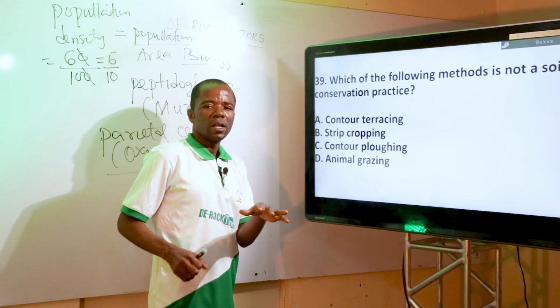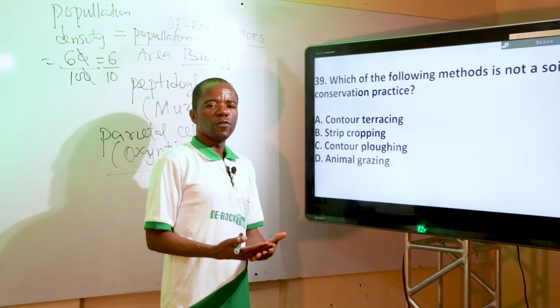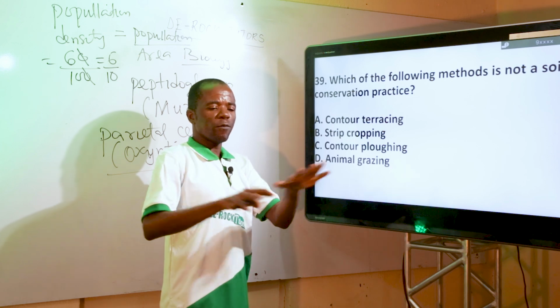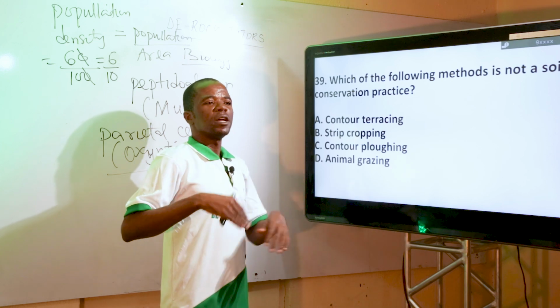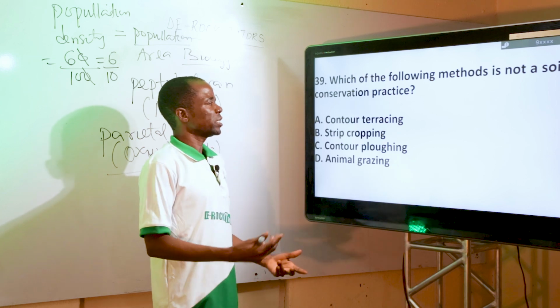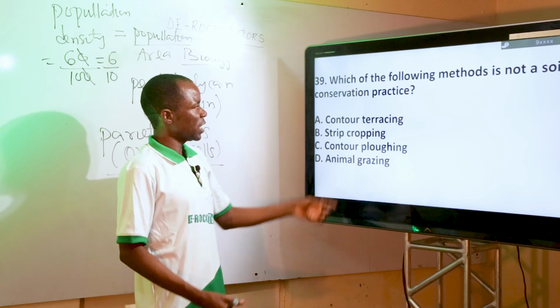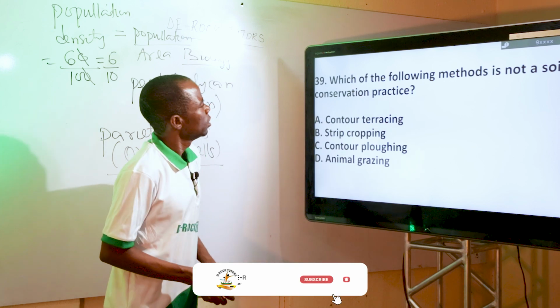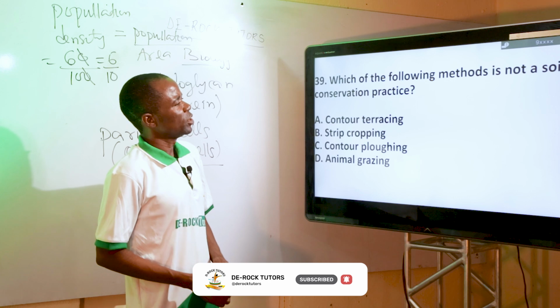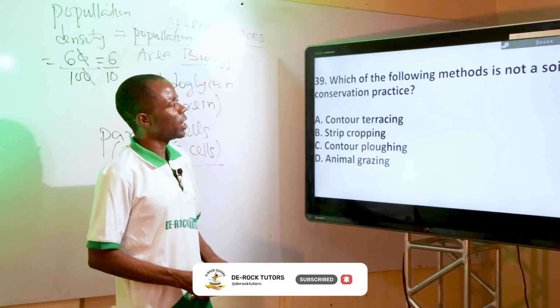When animals graze on a certain area of land, they will remove the plant covering on that land and therefore expose it to erosion. And we know that erosion will bring about the depletion of that soil, and that is not a way of conserving the soil. So the correct answer for number 39 is option D, animal grazing.